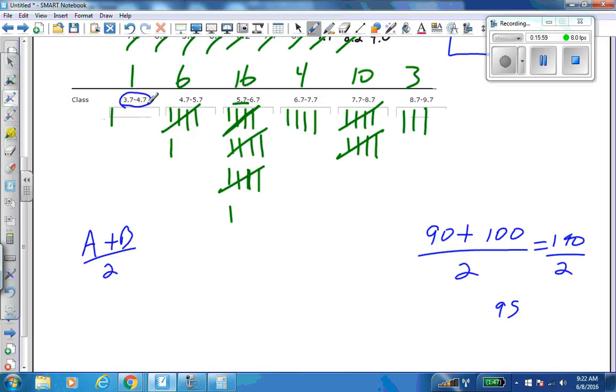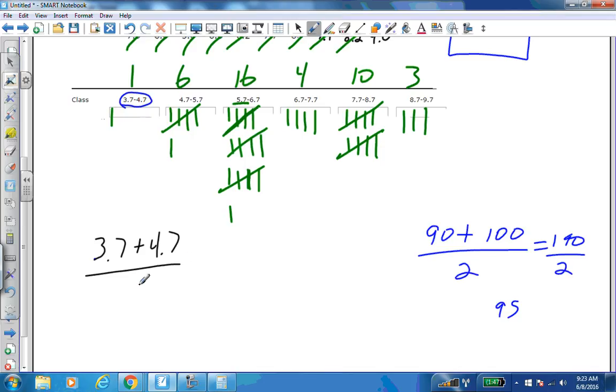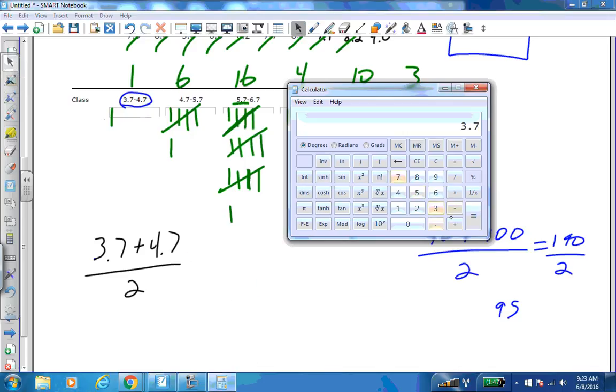So if we want what's halfway between 3.7 and 4.7, we do 3.7 plus 4.7 divided by 2. So 3.7 plus 4.7 is 8.4, divided by 2, so 4.2.